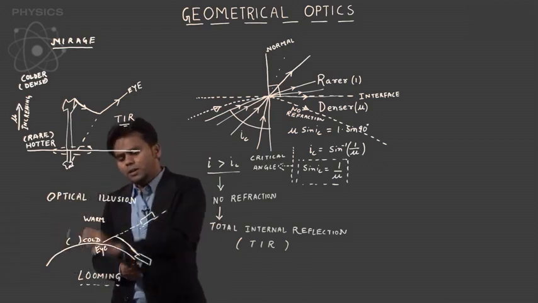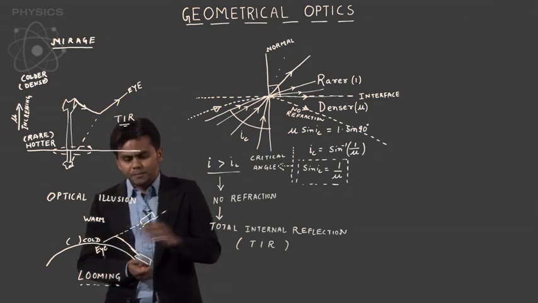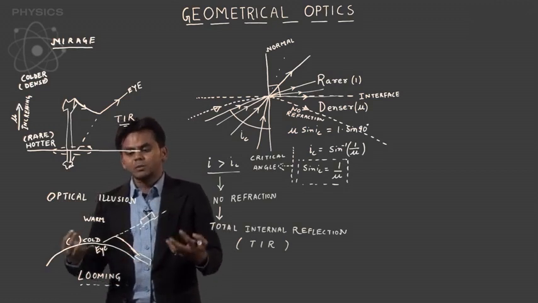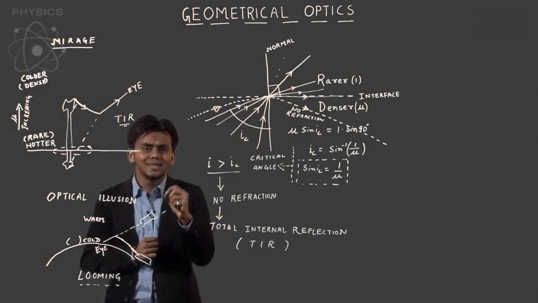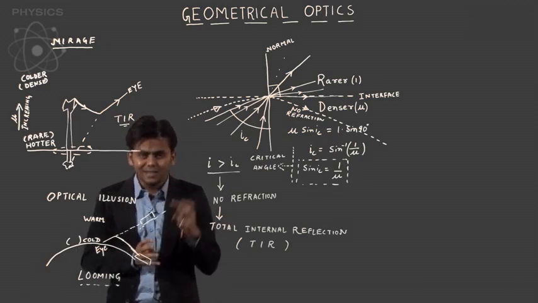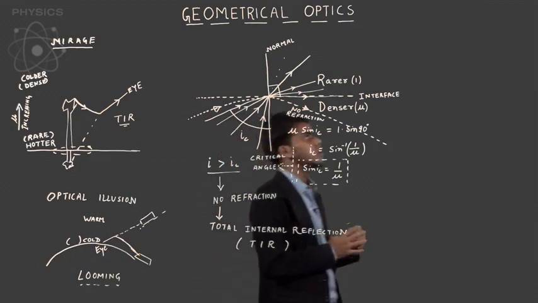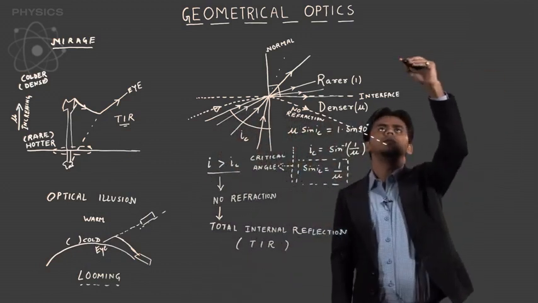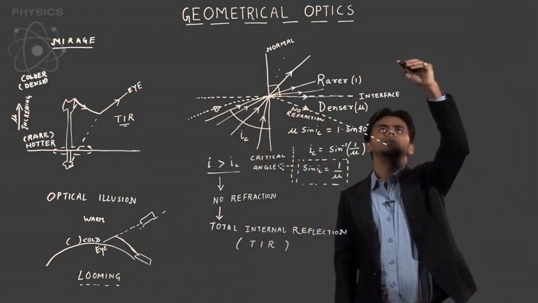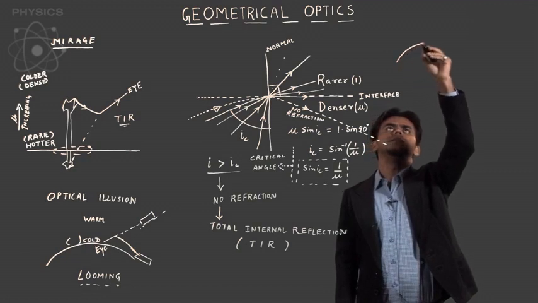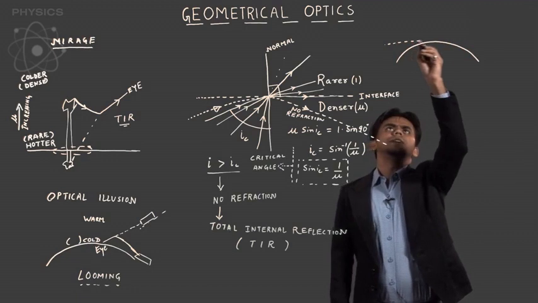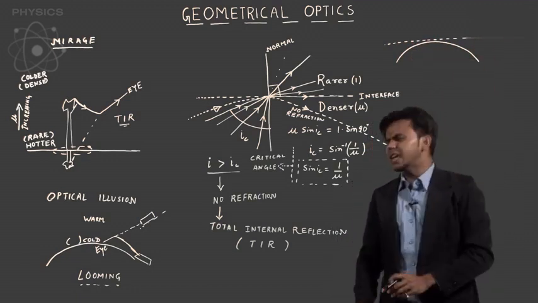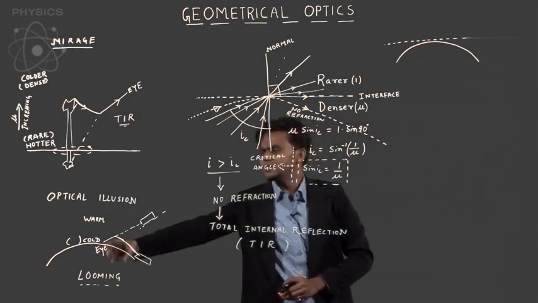Now this diagram of looming is also equally applicable in one more atmospheric phenomenon, that is early sunrise and delayed sunset. Let's see how. This is a horizon, right? Again the same diagram. This is cold, this is warm.